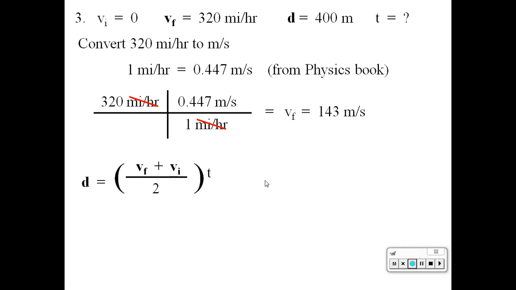We will then use this relationship, since we know the quantities v_i, distance, time, and the final velocity. We're going to put the 0 in right away because that often makes calculations easier, as it will in this case. The numerator then becomes just v_f over 2 multiplied by t.